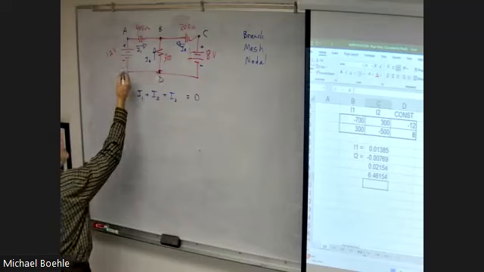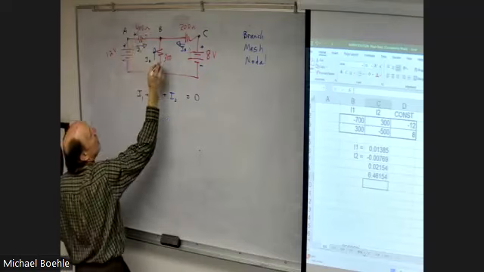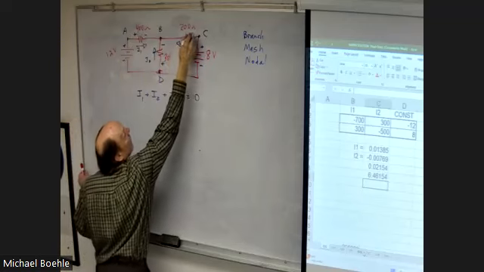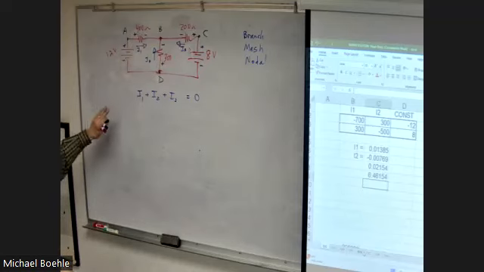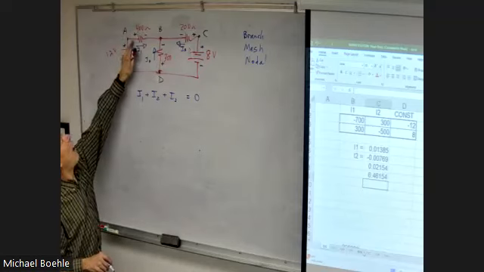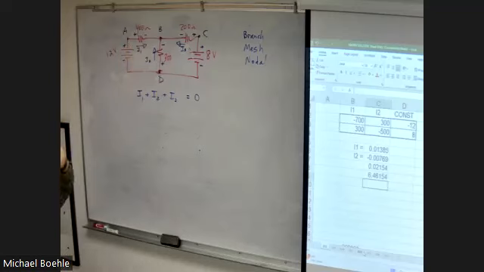So, based on that current direction, these are my polarities of voltage across those resistors. Because what is voltage? It's the potential difference between 2 points. Now, what is the voltage across the 400 ohm resistor by that definition?